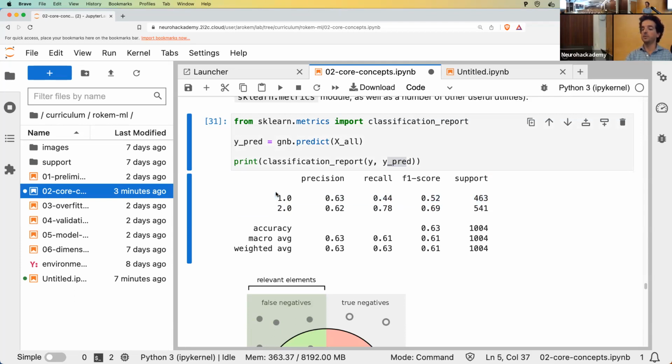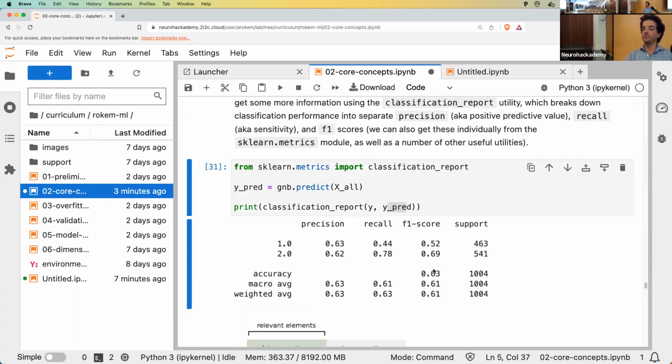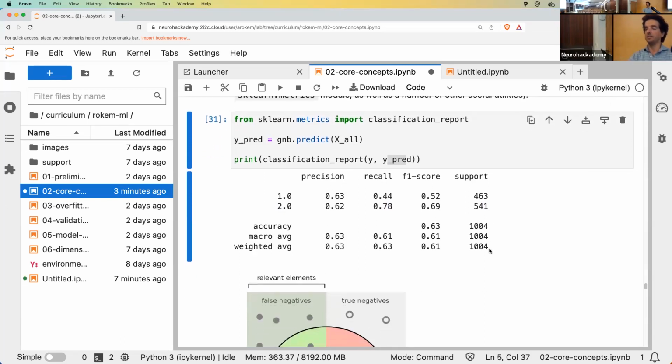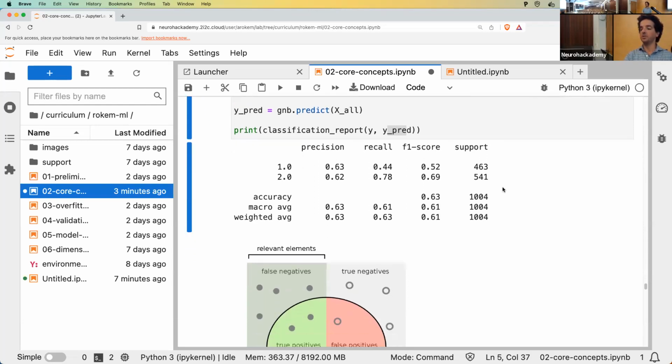And so the macro accuracy actually depends on this slight class imbalance. If you just guessed that everyone in this data set has autism without even seeing the data, you'd already be 54% accurate. So that's something to take into account.